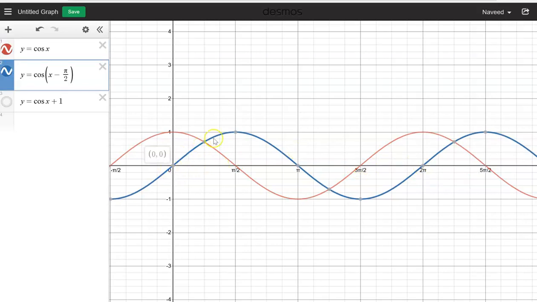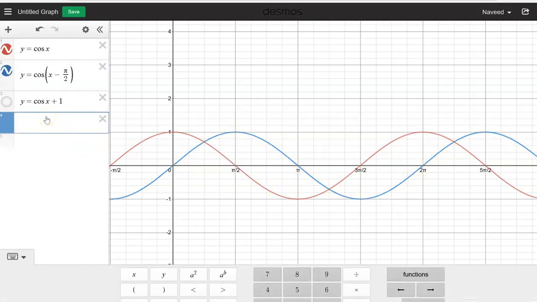The blue graph is now the transformed graph of the cosine, and if you look closely, this is actually the sine function. If I go ahead and punch in the sine function, you will get the exact same thing, and that's how they're related.